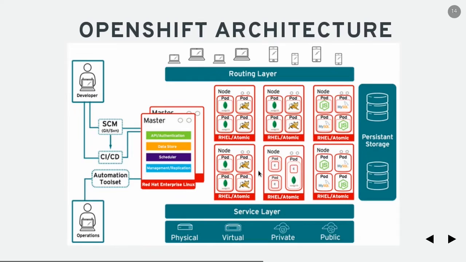This is a hard graphic to show because it changes a lot. Because we work so closely with the Kubernetes project, they see stuff we do in OpenShift and say, oh, maybe we should put that in Kubernetes, right? There's a back and forth about what belongs in OpenShift and what belongs in Kubernetes, so this can be a hard picture to pin down.